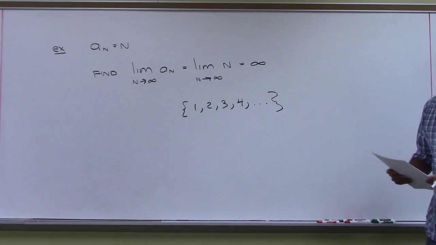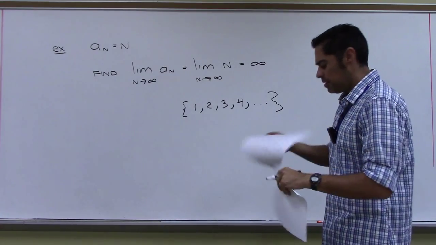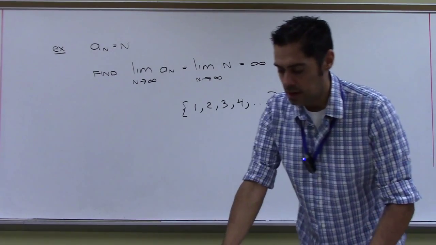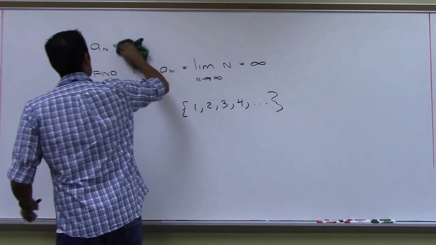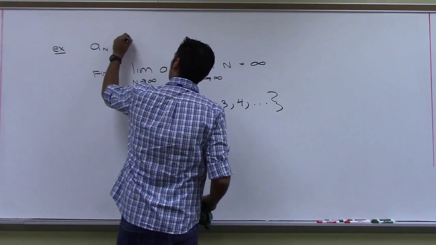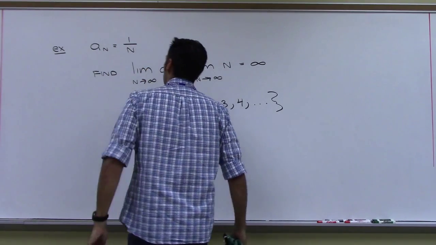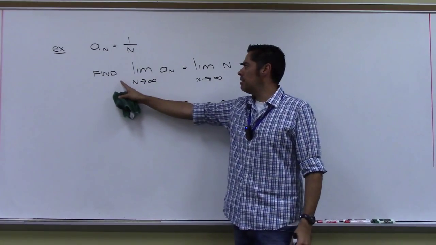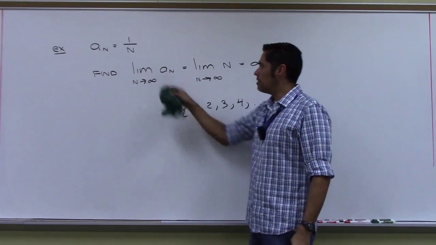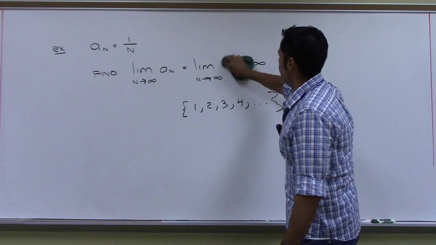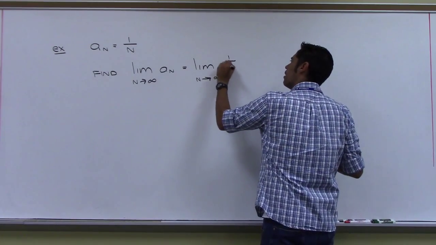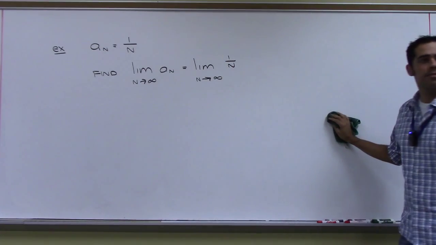Okay. Now let's change the sequence, make it something a little more interesting. How about 1 over n instead of just n? For that sequence, we write down the same thing. Let's find the limit as n goes to infinity of a sub n, and that changes to 1 over n here. Where does that go? That heads towards 0.